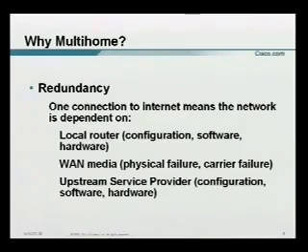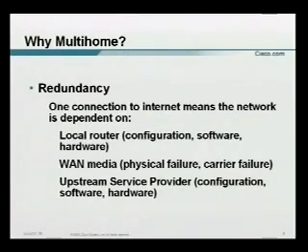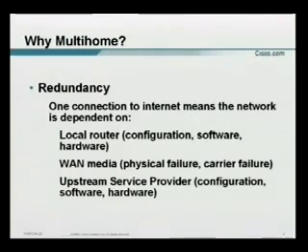The first one is redundancy. If you've got one connection to the internet, well, it means your network is dependent on your local router, its configuration, software, hardware, operators, all the local environmental things like that. It's dependent on the WAN media, in other words, how you connect to your upstream service provider.